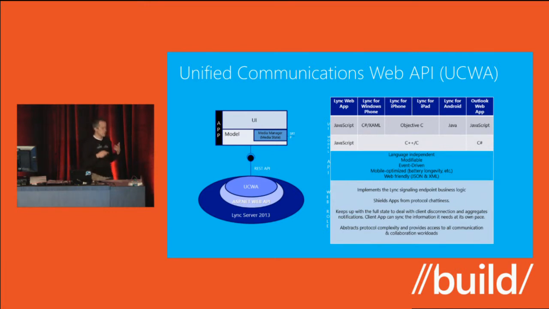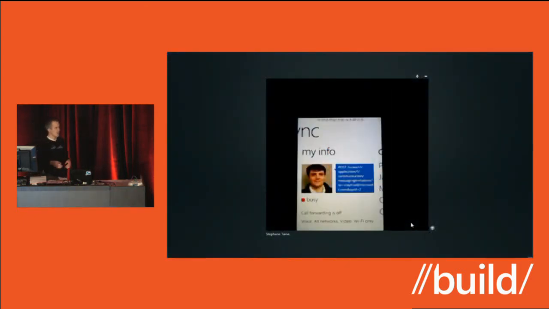And so we thought we would show you a little bit of what this looks like and what experiences ASP.NET Web API can enable. So let me switch over here, and let's take a look at Lync on Windows Phone 8. I'd like to introduce Alex and Stefan, Alex Edelberg and Stefan Tane from Microsoft Lync Server.